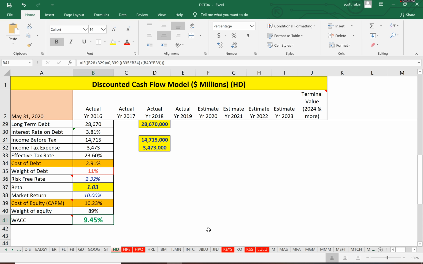So that's why their return is either dividends or the appreciation of the stock, which tends to have the most returns. Now we figured out the weighted average cost of capital, the WACC, of 9.45%, which is a blend of equity and debt. And this is the percentage we need to discount the future cash flows by.